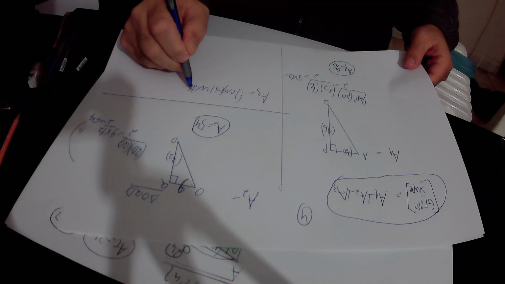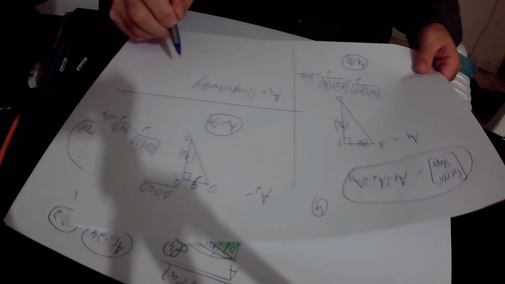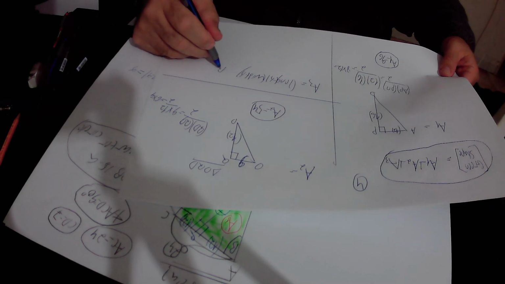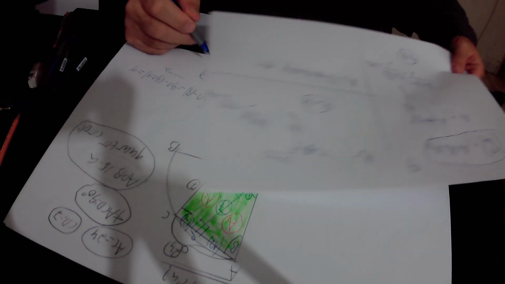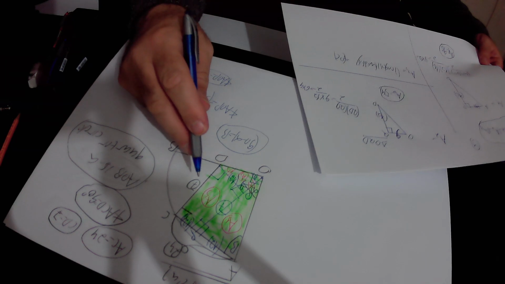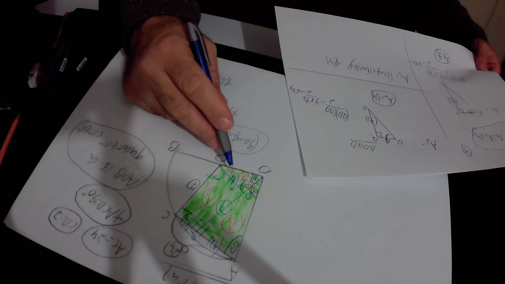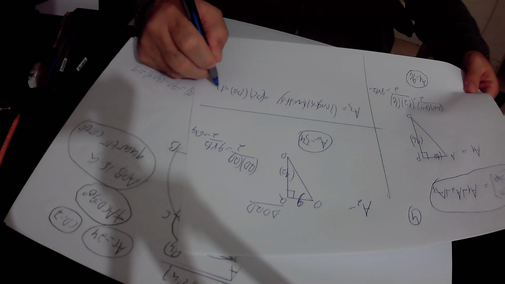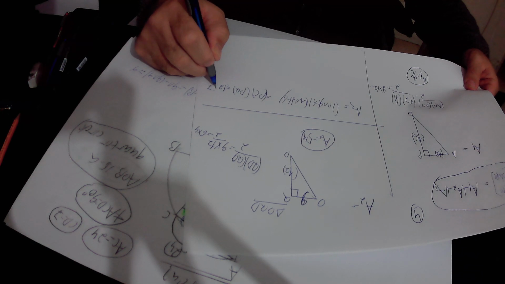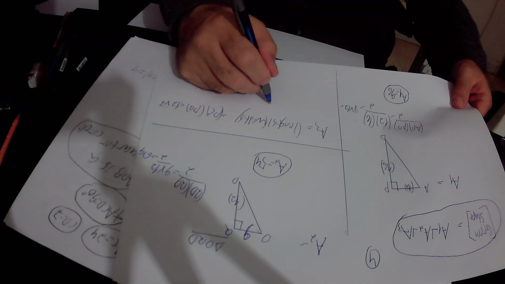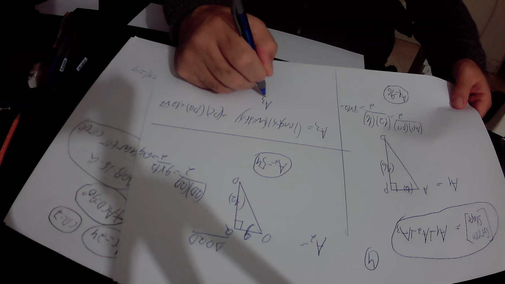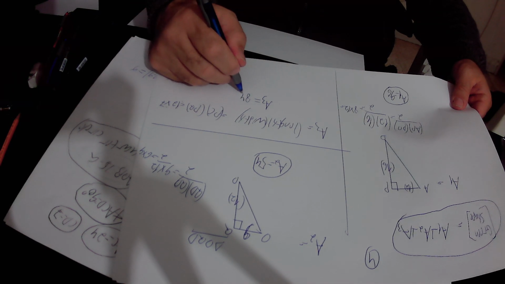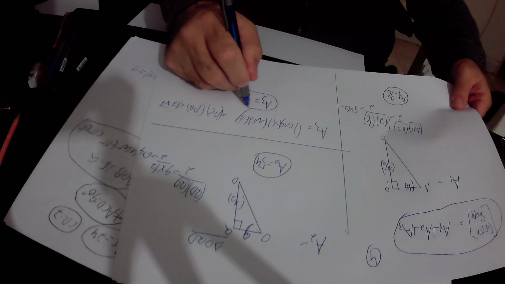The length is PC and the width is PQ. PC is 12, PQ is 7, and 12 times 7 is 84. So I found finally that A3 equals 84 square units.